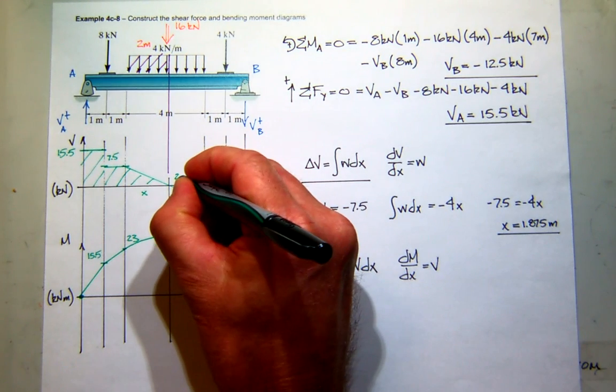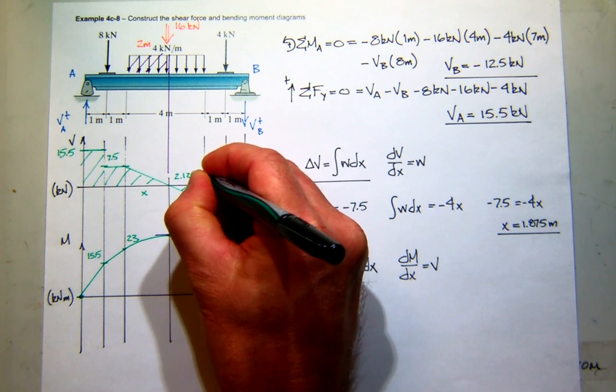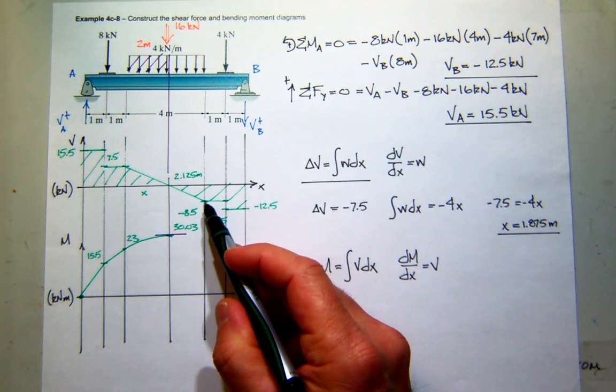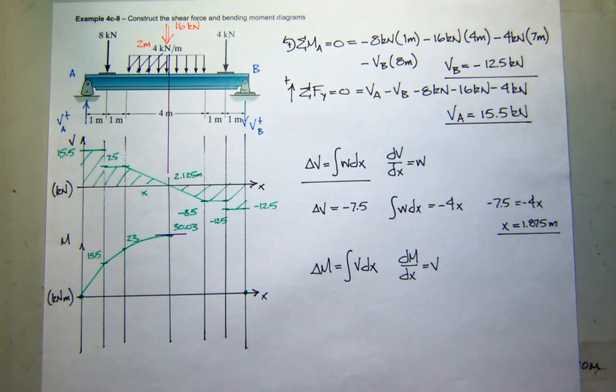So this distance is 2.125 meters. So that times the height, which is negative 8.5, and then divide by 2 plus the rectangle. I get negative 9.03. So I'm going to subtract that from my 30.03. And I get 21?